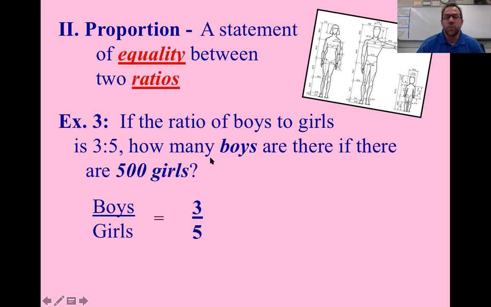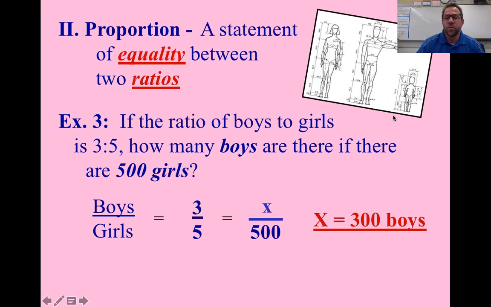So if we already know that there are 500 girls, where are we going to put that 500? We're going to put that 500 down here in the girl category. And now we want to figure out how many boys there are up here. This is a 3 to 5, and I'm going to teach you how to do this. Some of you probably can figure it out in your head. If this is a 5, and that's 500, and this is a 3, then what's that going to be?